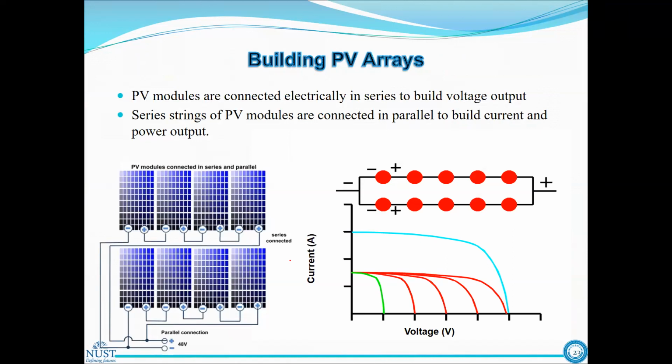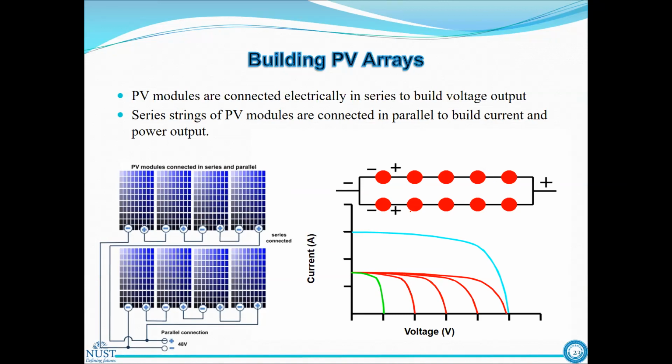Besides the technologies, we should also design the photovoltaic arrays depending on single photovoltaic module characteristics. If we know all its characteristics, particularly voltage and power ratings, then we can join different modules in series to enhance the voltage.